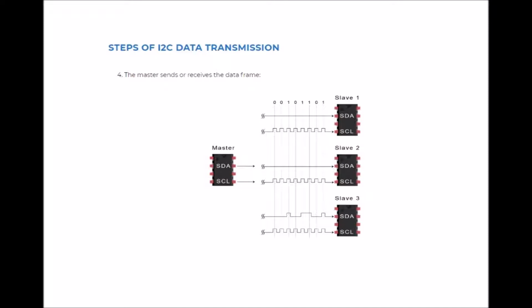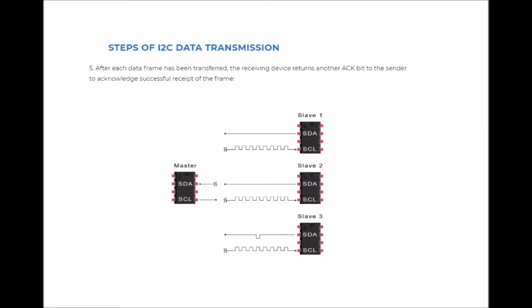Step 5, after each data frame has been transferred, the receiving device returns another ACK bit to the sender to acknowledge successful receipt of the frame. And that's what the picture shows. There's a little blip on slave 3's data line. So I guess that's an acknowledge.